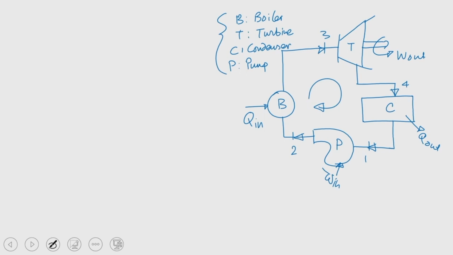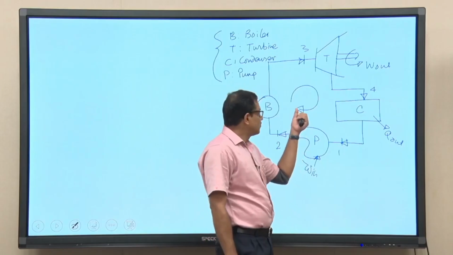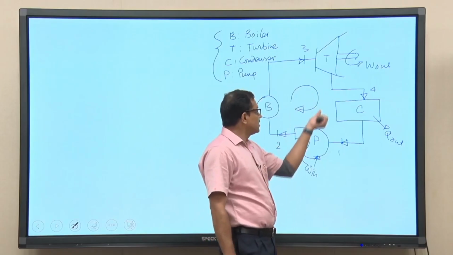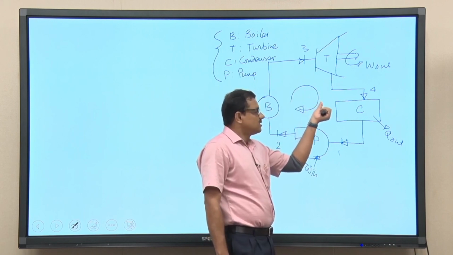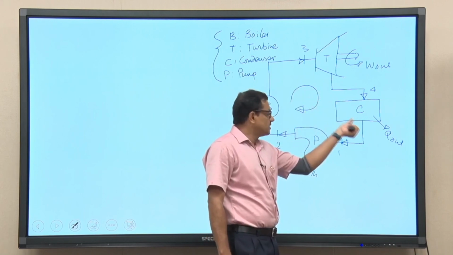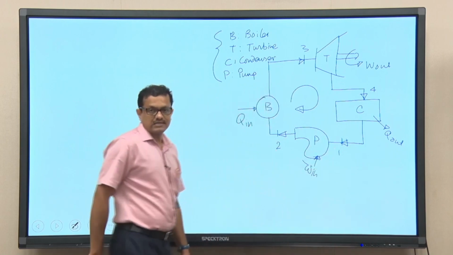One important point I had also discussed is that in a similar way we can find the expression of the quantity rejected from the condenser. We have also discussed that the second law of thermodynamics puts a restriction that if we need to run this plant in a cyclic manner, there must be a provision of energy rejection.